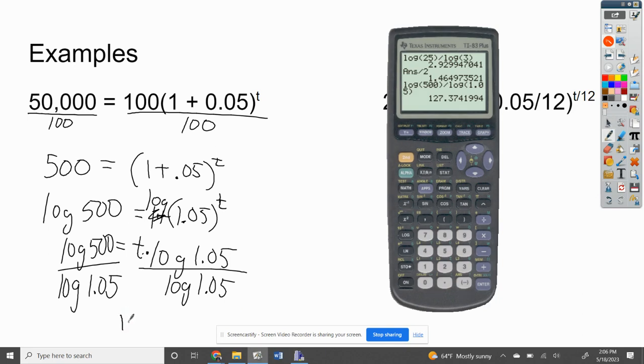So t equals 127. So if you're good at understanding compounding interest questions, that would mean in this case, if I had $100 and I put that in an account that was making 5% every year, it would take me 127 years in order to get to $50,000.